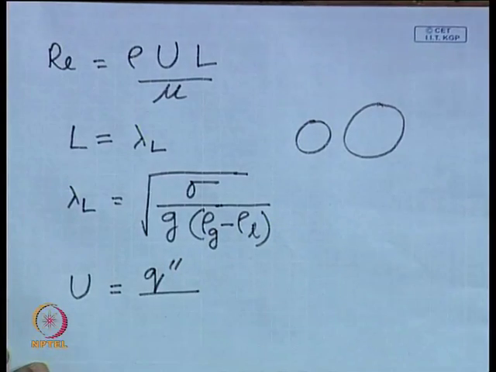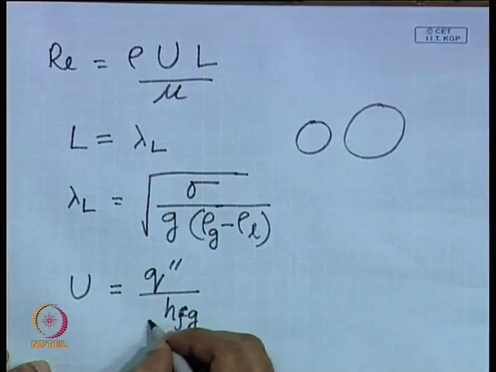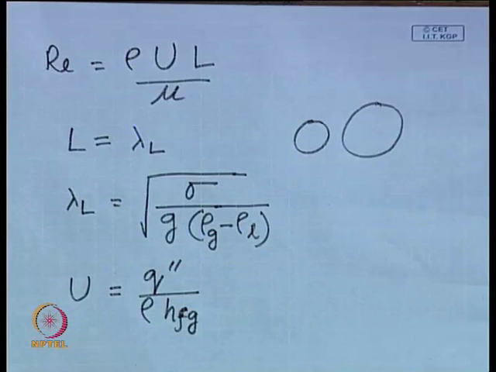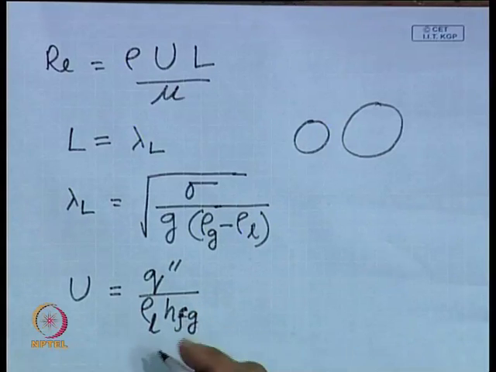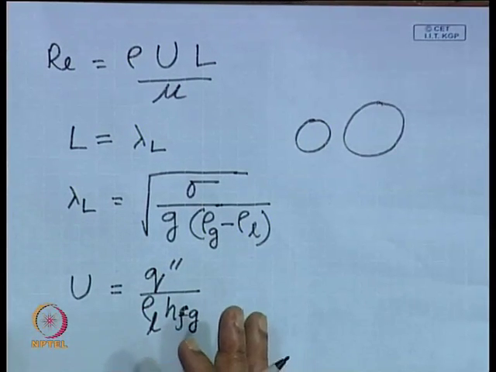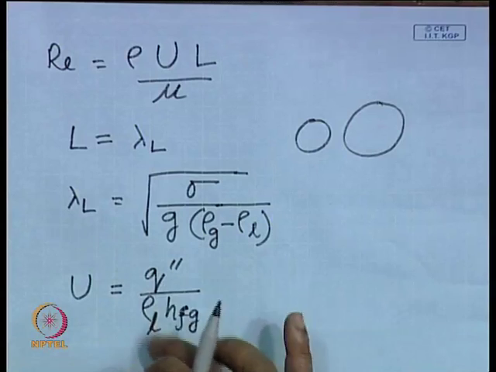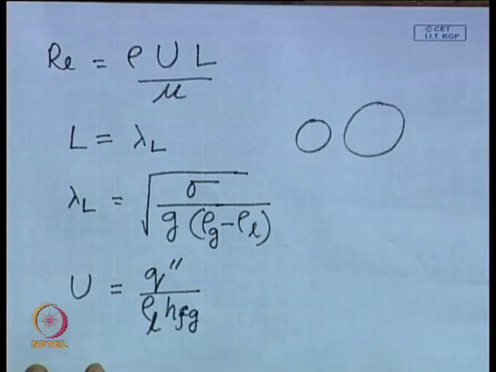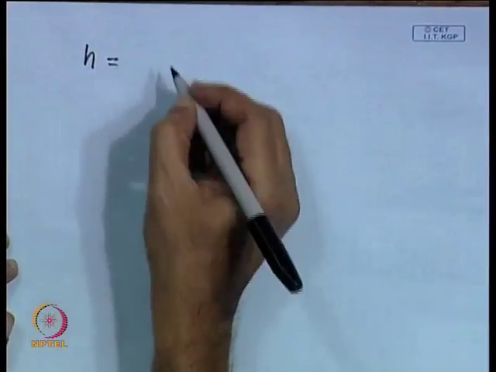So, people have tried to use this kind of relationship, if you use rho L. This gives the velocity of the mass generated due to evaporation. So, the more the heat flux, the more the velocity, and this can be taken as the characteristic velocity for your prediction of boiling.